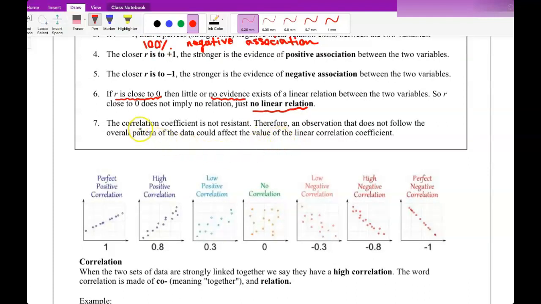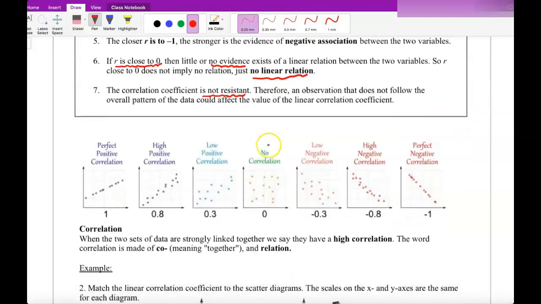And also number 7, the correlation coefficient is not resistant. Therefore, an observation that doesn't follow the overall pattern of the data could affect the value of the linear correlation coefficient. So this is what it means to be non-resistant.